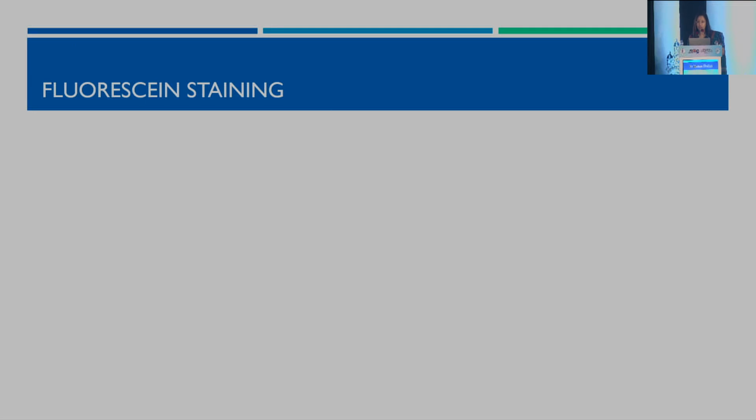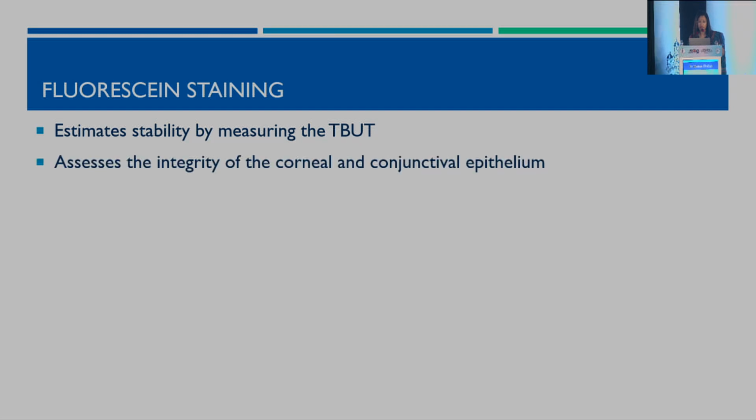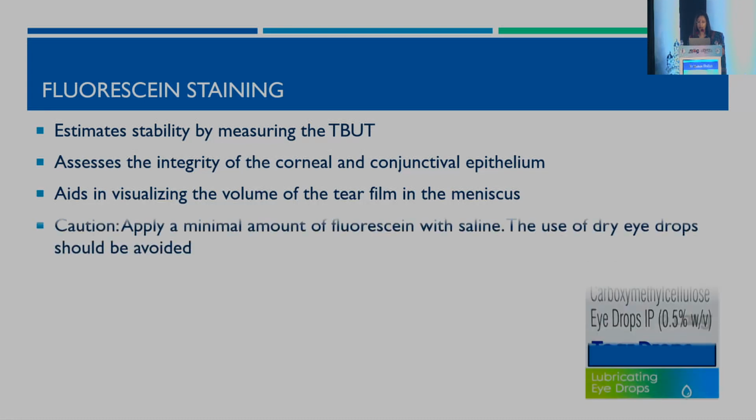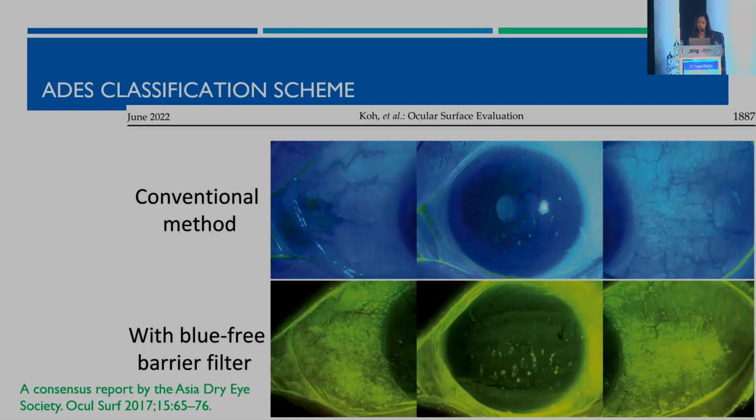Fluorescein staining, which is used for TBUT, is also very important for assessing the integrity of the corneal and conjunctival epithelium. It can also assess the volume of the tear film by measuring the meniscus height. But we should not use lubricant eye drops while doing this test because this may alter the result. I find the Asia Dry Eye Workshop Society parameters very useful.